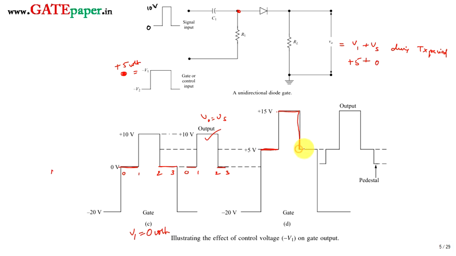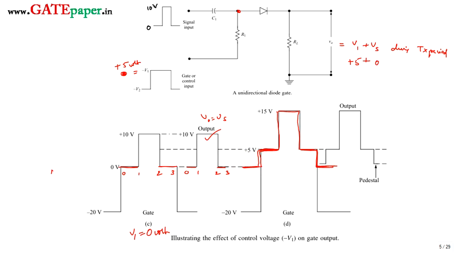Whenever the signal is not applied, it comes back to 5 volts. During the non-transmission period, it will be 0. This is the output signal. During the non-transmission period the output is 0, during the transmission period with zero signal the output is at plus 5 volts, and if the signal is present the output will be at plus 15 volts.